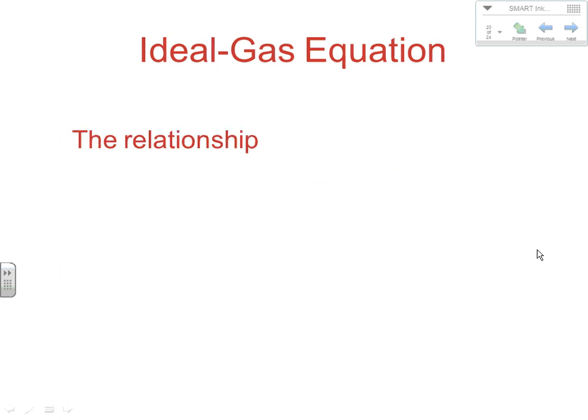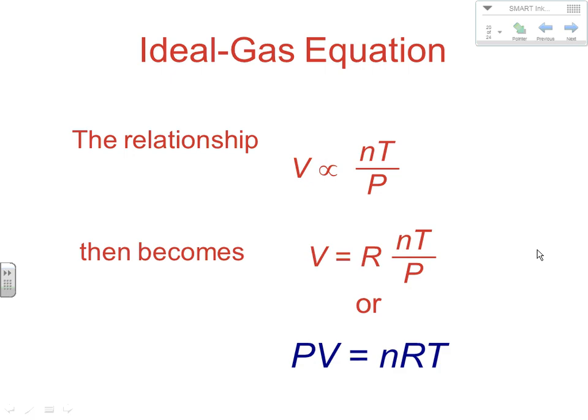Well, that means we can rewrite this expression to look like this, because remember, direct proportionality means they vary by a constant. In this particular case, since we have all four variables, the constant we're going to get is a universal constant, and we're not going to call it A, we're going to call it R. So once we include the proportionality constant, we go from a proportional sign to an equal sign.